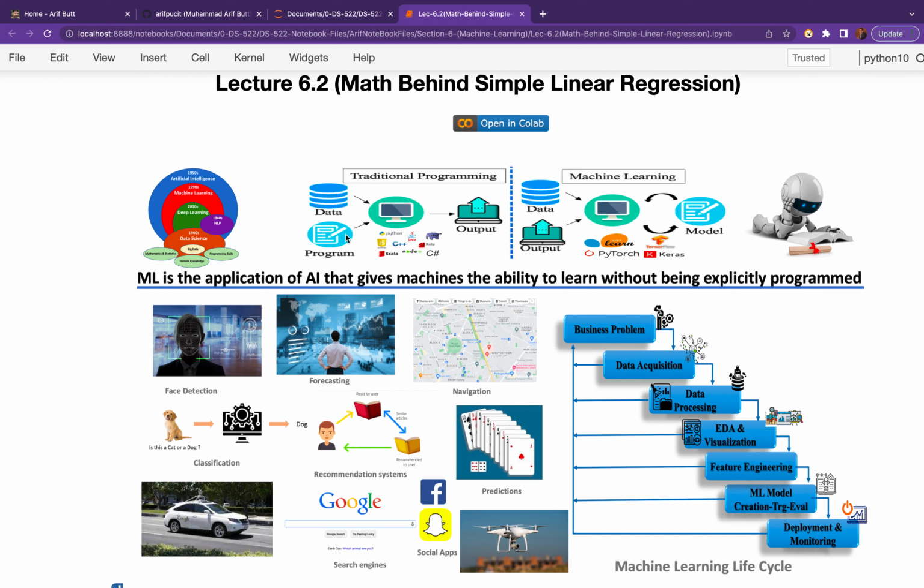Well, at an abstract level, machine learning is the application of artificial intelligence that gives the machine the ability to learn without being explicitly programmed by understanding the relationships between the input features and the output label of the given data, and then formulating that relationship in a mathematical form. My dear students, this mathematical form is actually known as a machine learning model.